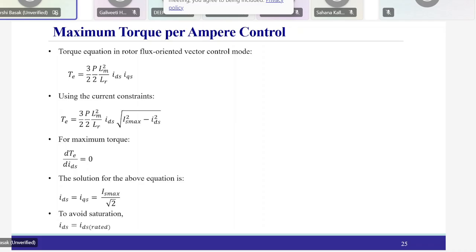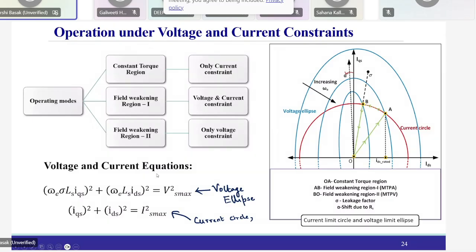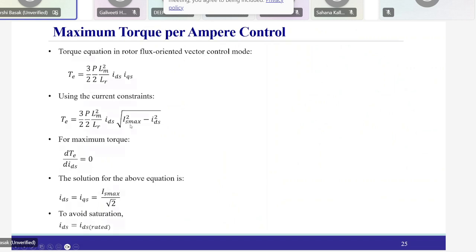This will be the expression for torque, and under the current constraint, you see this expression is, is max squared minus i_st squared. You substitute here because the voltage constraint is not there in the expression. So this will be the expression for the maximum torque.